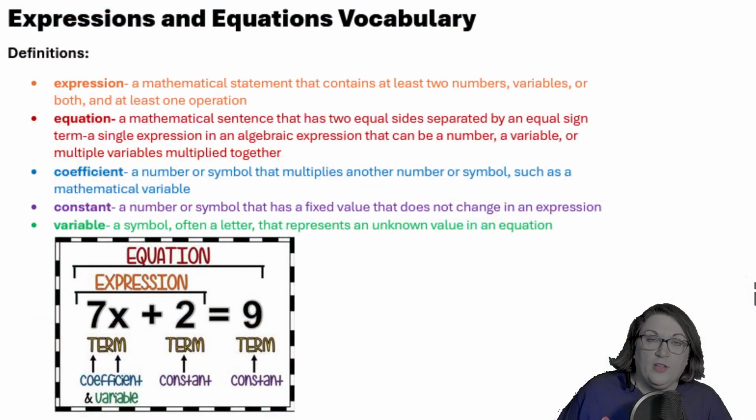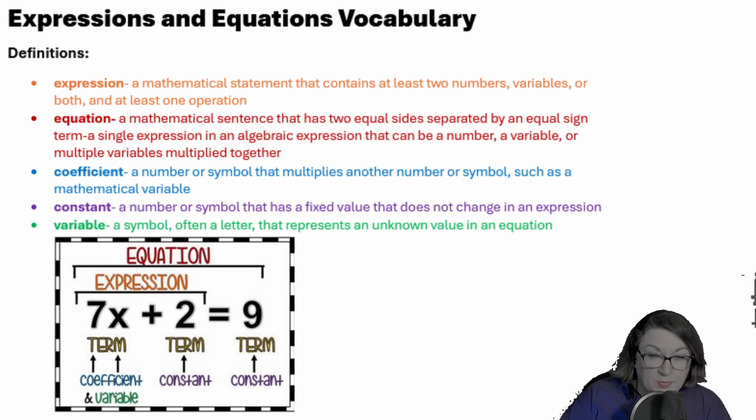First of all, let's go over a little bit of this vocabulary. We have expression, a mathematical statement that contains at least two numbers, variables, or both, and at least one operation. The difference between an expression and an equation really is the equal symbol. An equation is a mathematical sentence that has two equal sides separated by an equal sign.